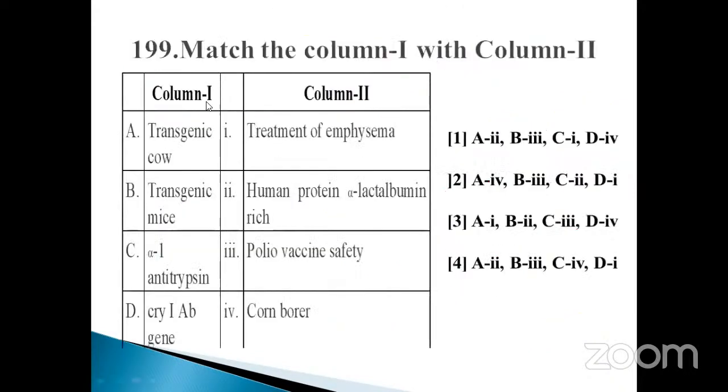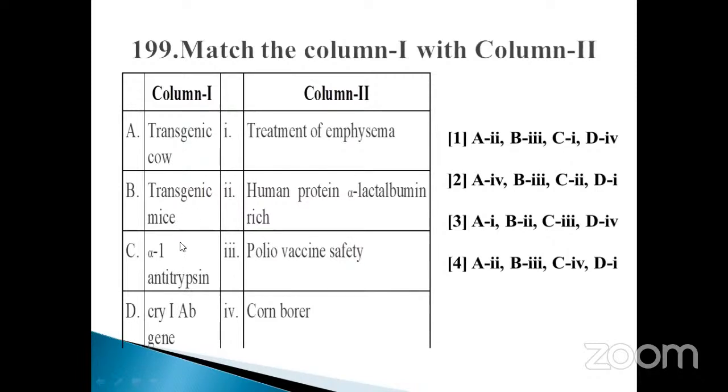See this. Match column 1 with column 2. Here are transgenic cow, transgenic mice, alpha-1 antitrypsin and the cry1AB gene. These are the columns: transgenic animals and their properties.